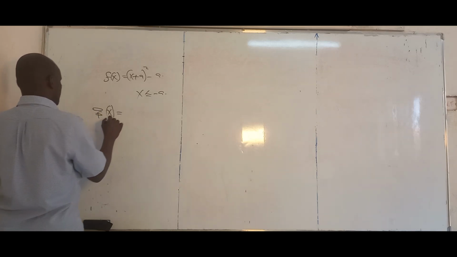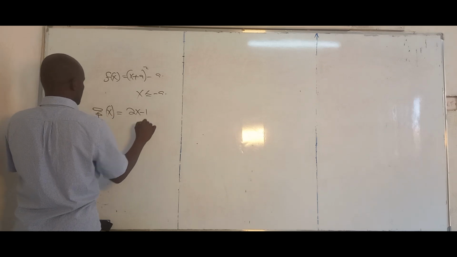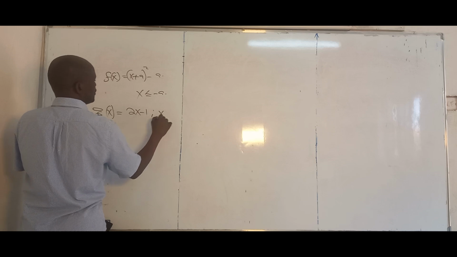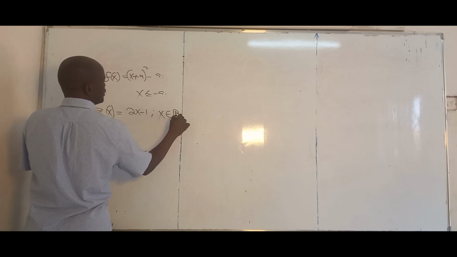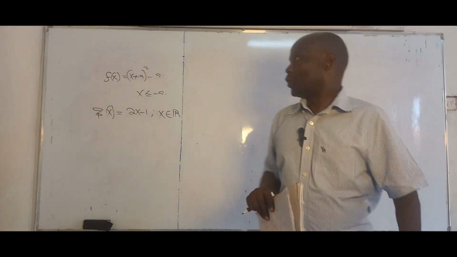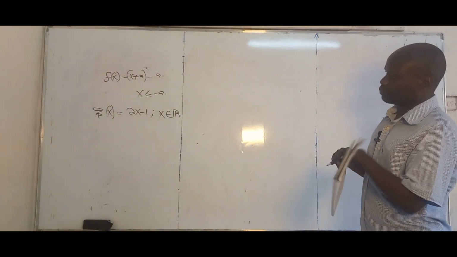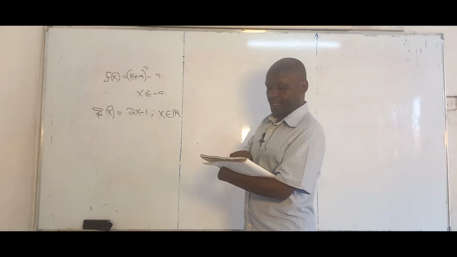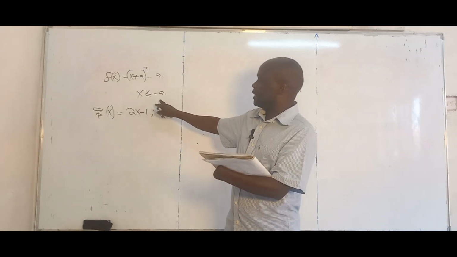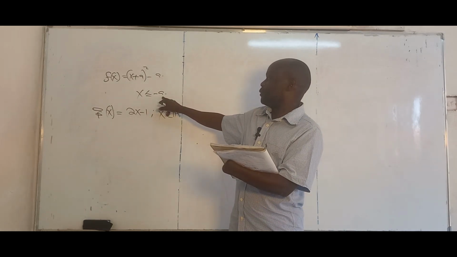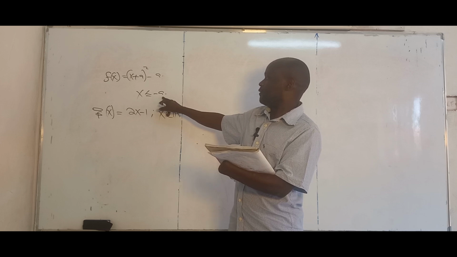G of x is given by 2x minus 1 for x contained in the set of real numbers, where a is a positive constant.